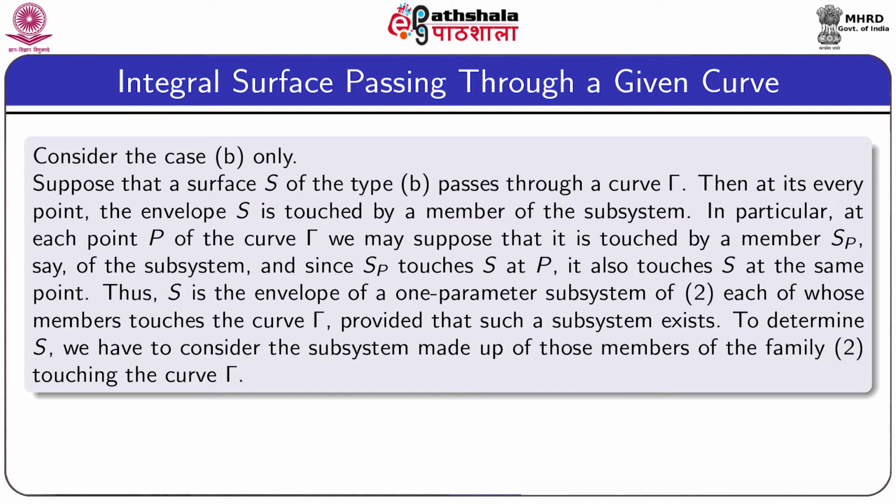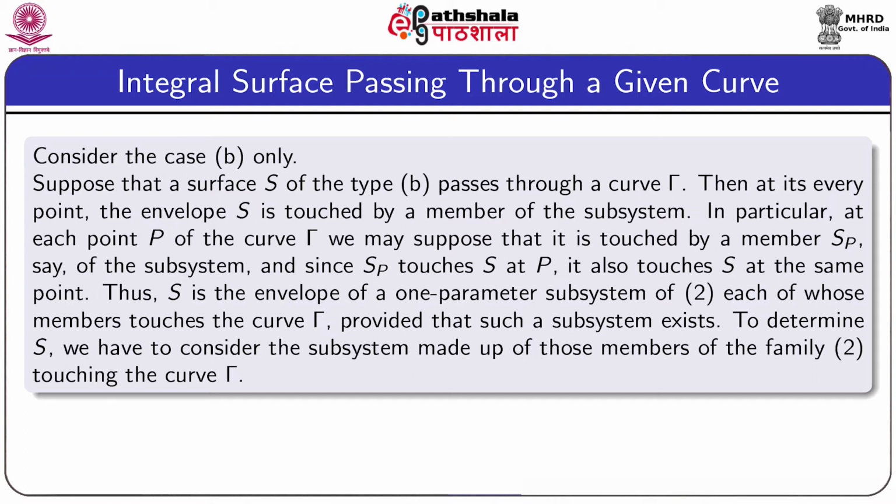Suppose that a surface is of type B, that means it is the integral which is the envelope of the complete integral and which passes through a curve gamma. Then at its every point the envelope S is touched by a member of the subsystem.